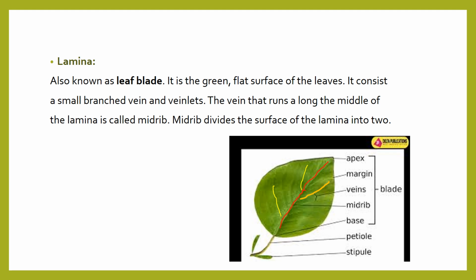The midrib divides the surface of the lamina into two parts because it's in the middle. So this one is called midrib or midvein. Now you know the blade consists of the apex and also the base of the blade.